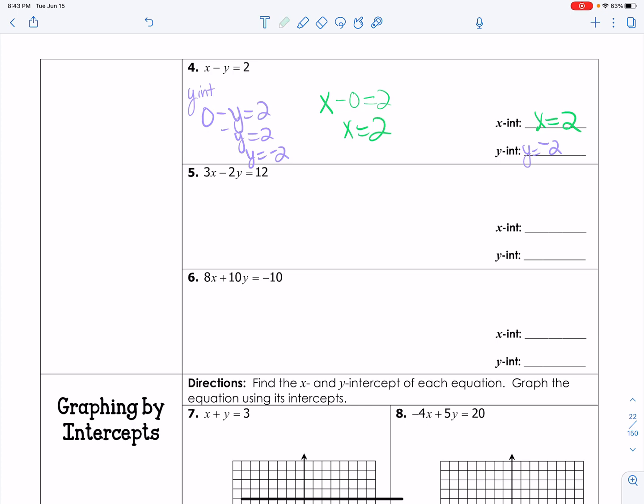So if I look at the next one and I do my y-intercept, I'm going to put 0 in for x. So this whole term becomes 0. So I end up with negative 2y equals 12. I divide by negative 2, and y equals negative 6.